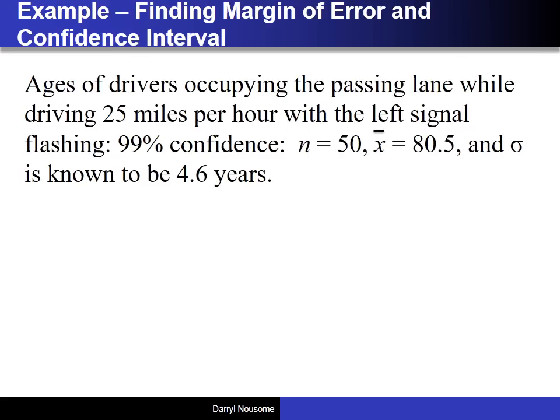One last example is finding margins of error and confidence intervals again. Try this: ages of drivers occupying the passing lane while driving 25 miles an hour with the left signal flashing. Calculate the 99% confidence interval with an n of 50, an x bar, or mean, of 80.5, and the population sigma known to be 4.6 years. So do the same things as before.